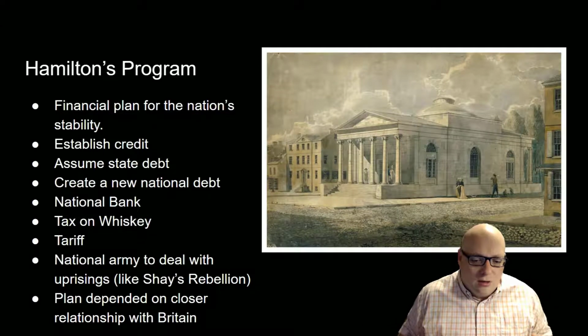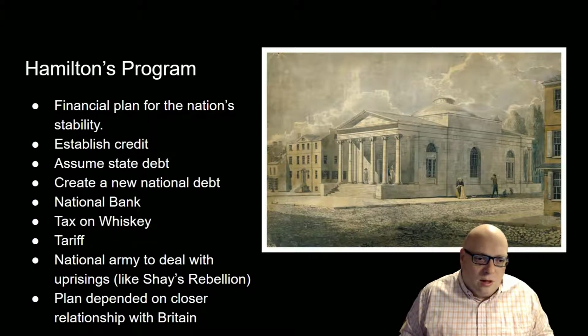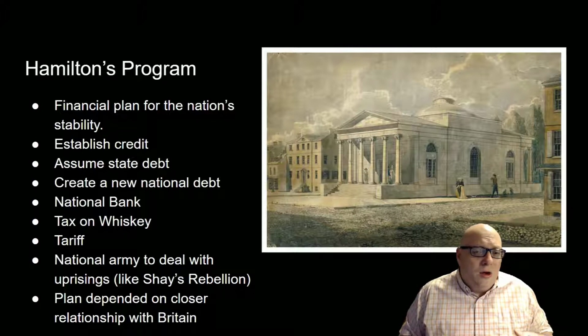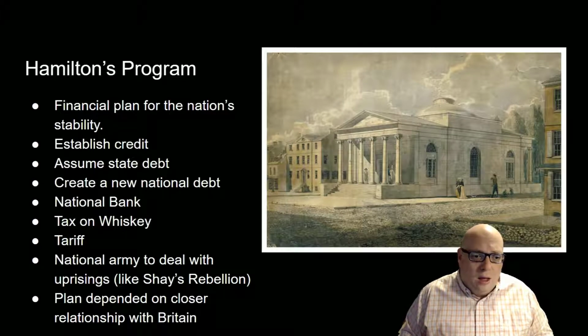Since the whole country has a debt now, there is interest in making sure the country is successful. And by creating a new national debt, we now have the ability to borrow, especially from the banks in Great Britain, and in turn create a national bank that could lend money to our government.